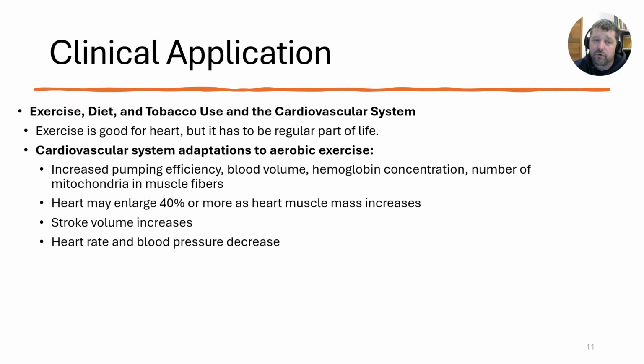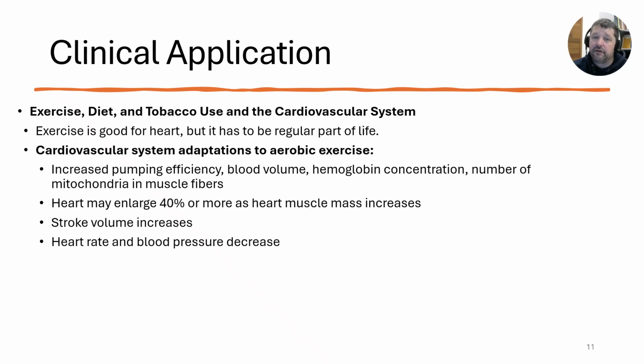And so cardiovascular aerobic exercise is super important. Not only does it change the muscle mass, but if you keep using it, it will grow in size, it will enlarge, it will become more efficient, it will be better at pumping, its stroke volume will increase, etc.